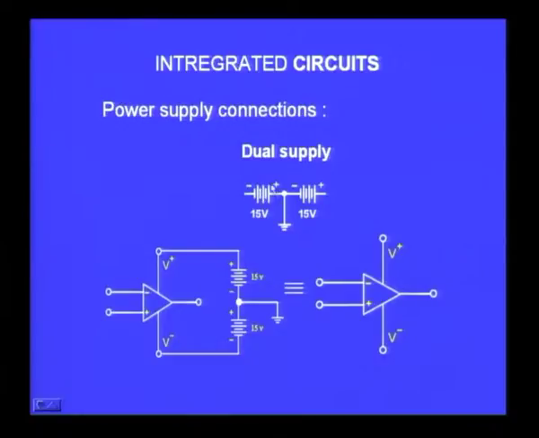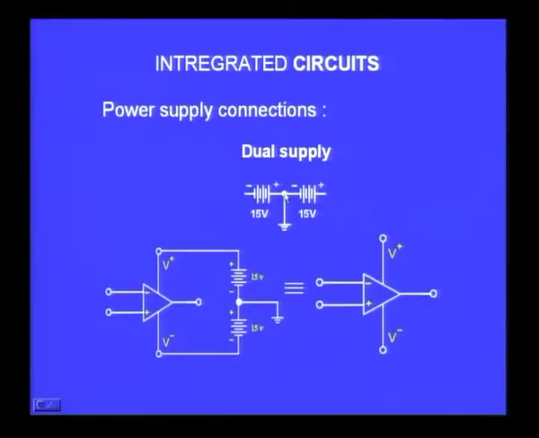For example, I have used two 15 volt batteries. Then you interconnect them in series. How do you interconnect them in series? You take the positive of one of the batteries and connect it to the negative of the other battery, and keep that junction point, which is connecting the two batteries, as your common point or the ground point.